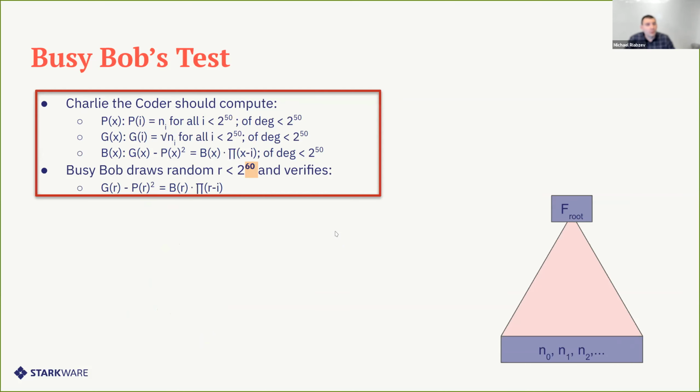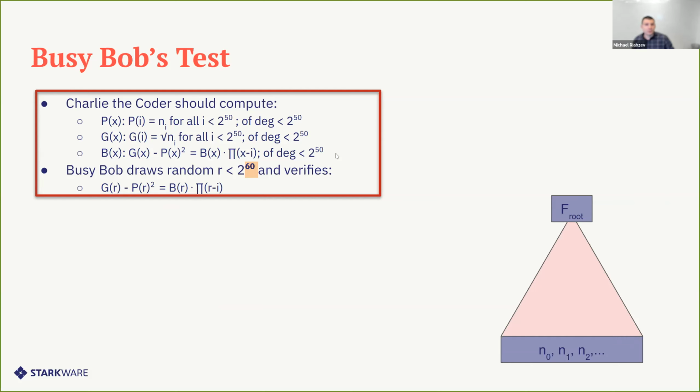Okay, so what would be the test that Bob will do? How could Bob verify that Charlie did the work properly? So we have here the facts below. The three higher points are actually the parameters that we described in the previous slide.